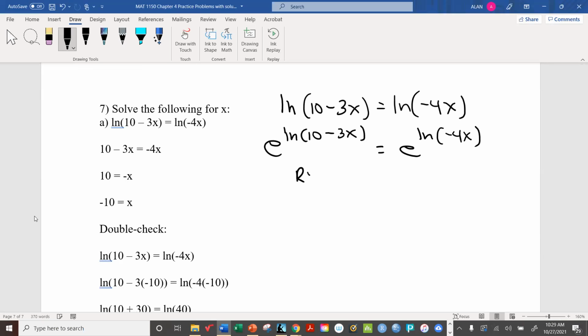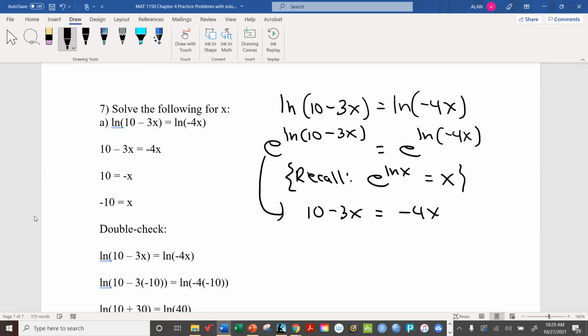And if you recall, e to the natural log of x equals x. So therefore, what I have here is that 10 minus 3x equals minus 4x. This is the reason why you can do this. All you have to remember is that as long as the base is the same for both logs, you can just set what's inside the parentheses equal to each other and solve for x. You don't have to prove why this is happening.